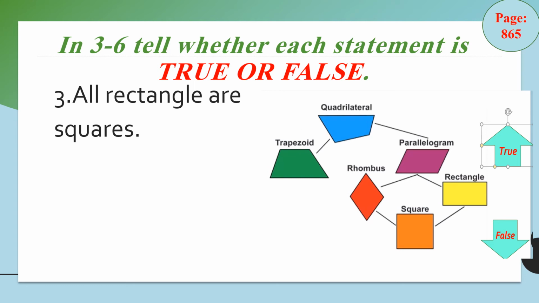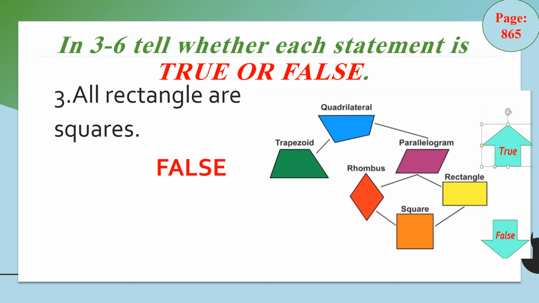All rectangles are squares. So in this family diagram, are rectangle and square related? Yes, they are related. So can all rectangles be squares? If I see the diagram, I am moving downwards. So will the statement be true or false? Yes, it is false because all rectangles need not be squares.